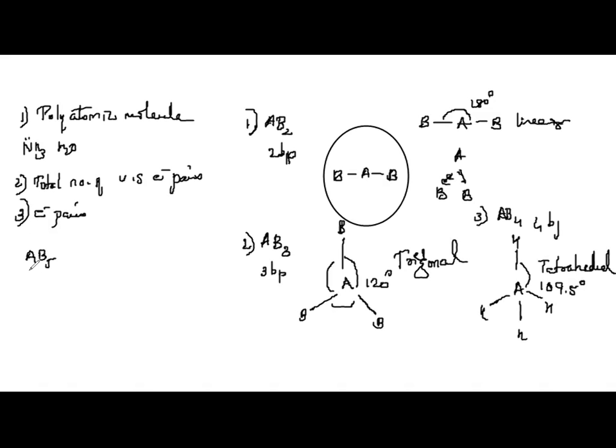Similarly, if the molecule is of type AB5, all 5 bond pairs only, then the molecule will arrange such that 3 bond pairs are in one plane, B, B, B, and 1 bond pair is above, 1 bond pair is below. When I draw this geometry, it comes out like this.